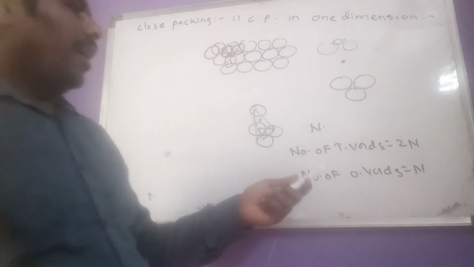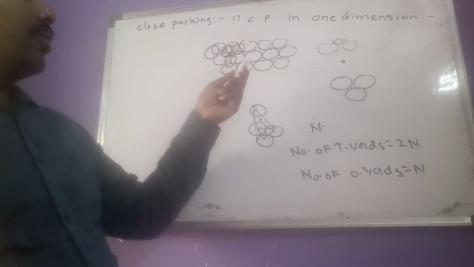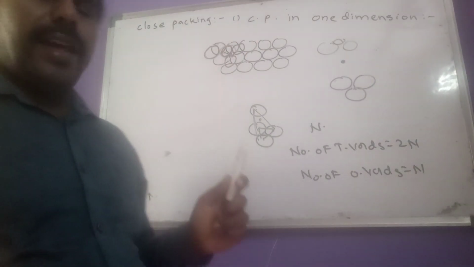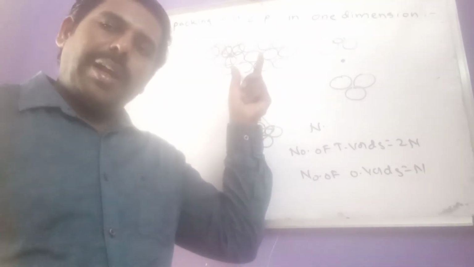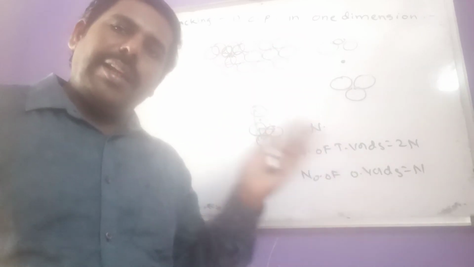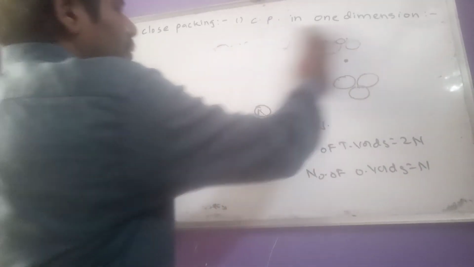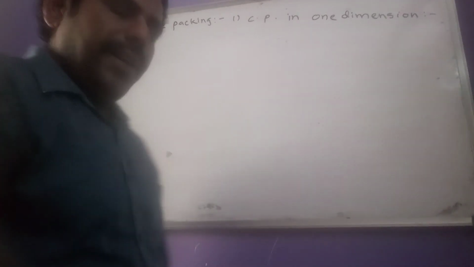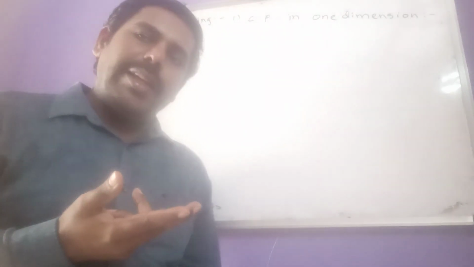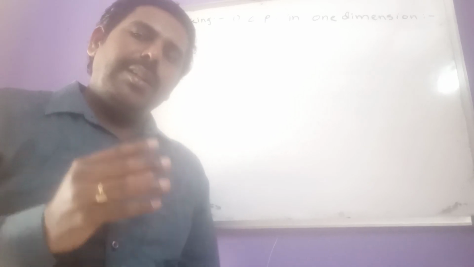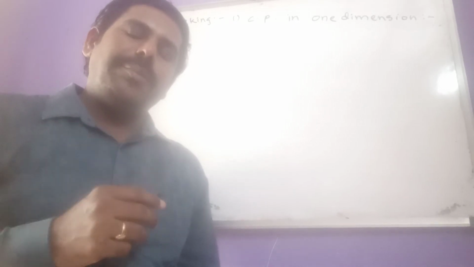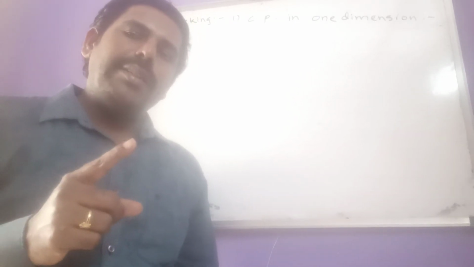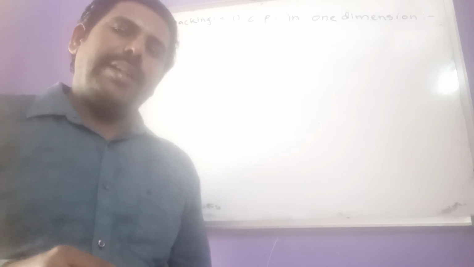Okay, then after this we have to generate a three-dimensional arrangement from this hexagonal close packing by placing a third layer. Now here one important thing we have to learn. When we placed the second layer on the first layer, we observed that two voids are formed, one tetrahedral void and another octahedral void.